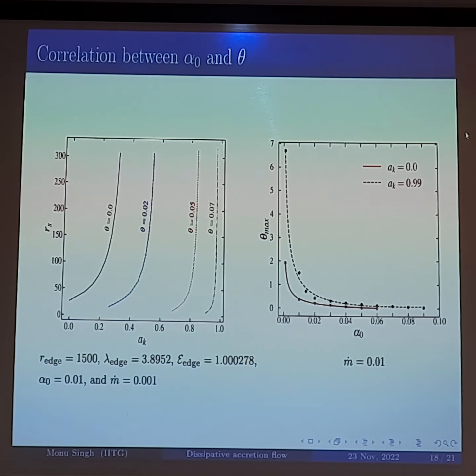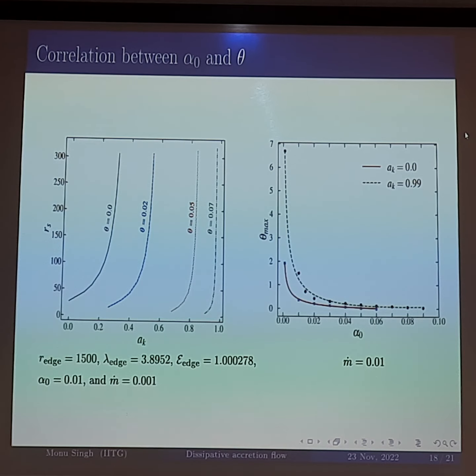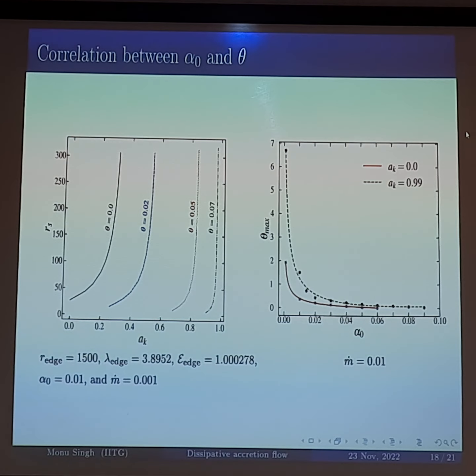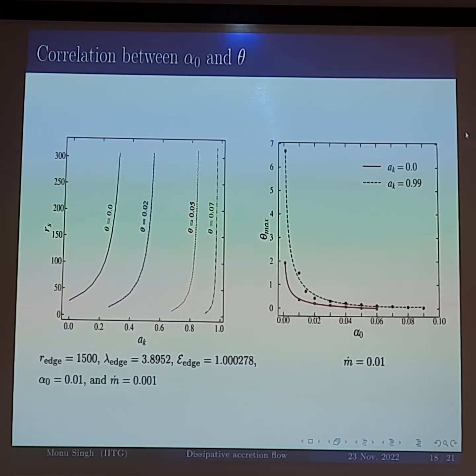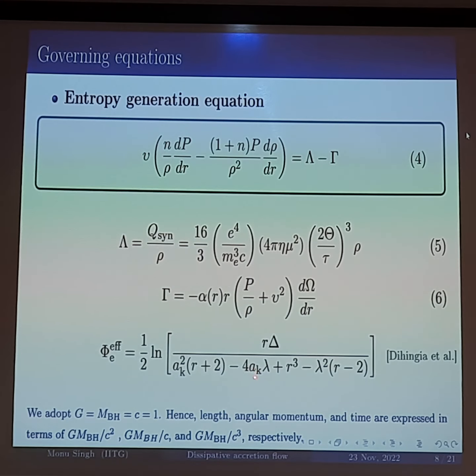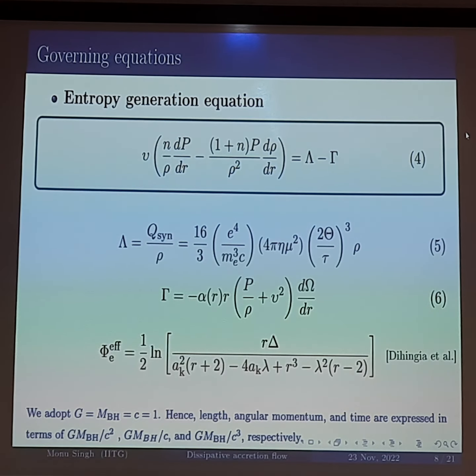Another thing we do is change the spin of the black hole, and see how the shock behaves. If you see this potential, there is a coupling term between the spin and the flow angular momentum.